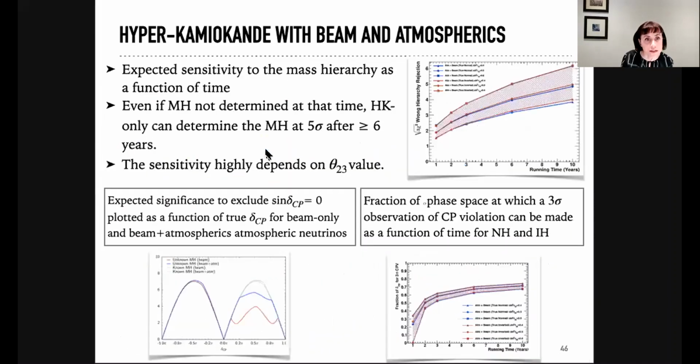I will just mention that it's not just the beams that are important. The beams are important as well as the atmospherics. So the atmospheric neutrinos come from the interaction of the protons with the atmosphere, then you have the decays into pions with neutrinos, and then muons with neutrinos, and then you will see them on Earth.